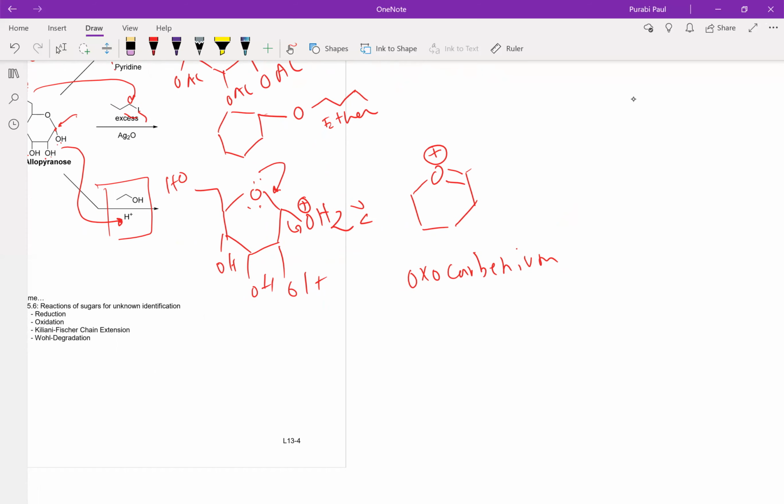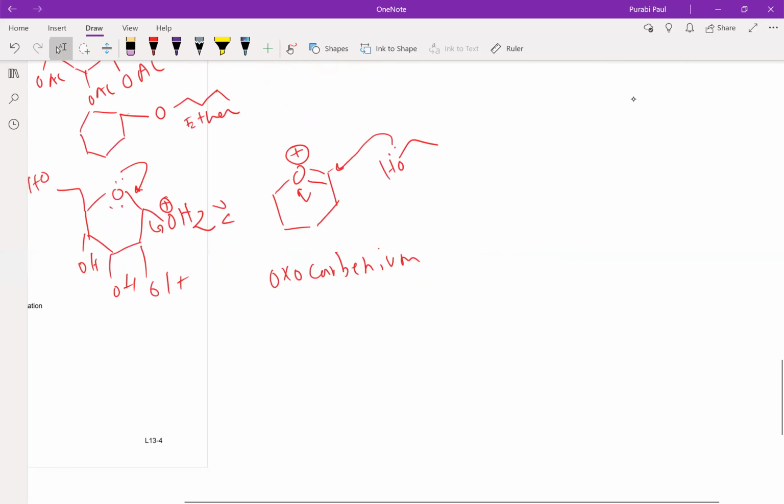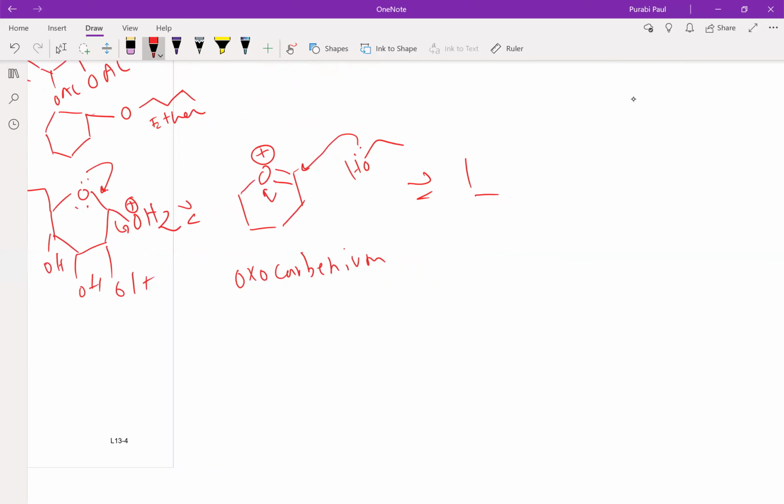So because it's so electrophilic, and you're given an alcohol, given a nucleophile, it will come and attack. And then after the proton transfer, you get this, okay?